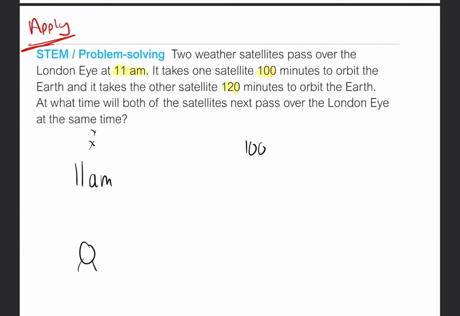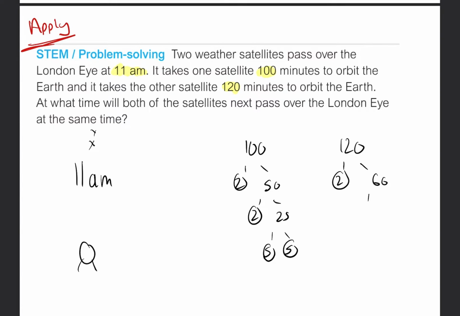So you need to go 100 and 120. Find your lowest common multiple. Remember, I circled the prime numbers. Okay, what's in common? 2, 2, 5, and what's left over? 5, 2, 3.